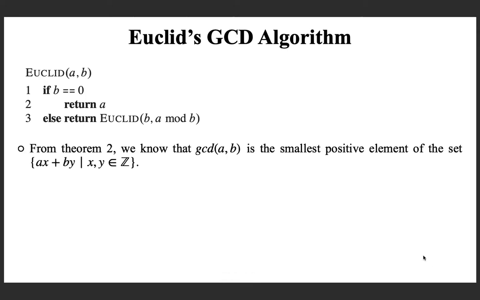And from theorem 2, we know that the GCD of A and B is the smallest positive element of this set, that is, the smallest positive linear combination of A and B.